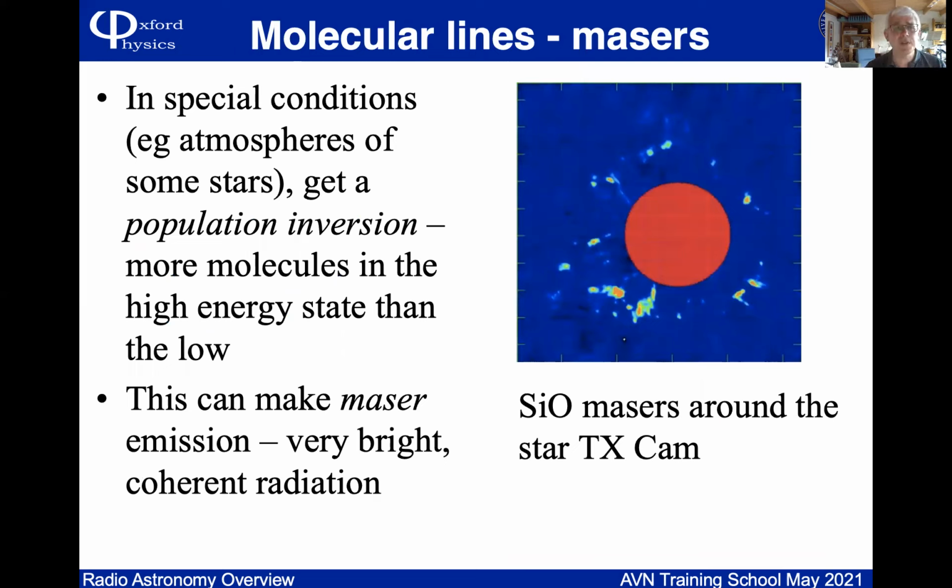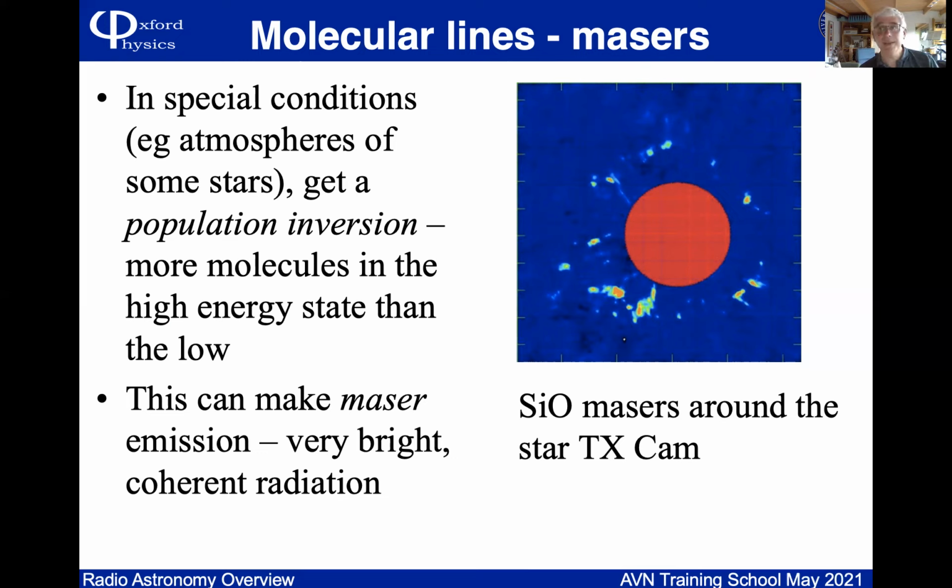Sometimes, in particular special conditions, particularly the atmospheres of some stars, you can get a state where you've got more molecules in a higher energy state than a lower energy state. It's called a population inversion, and that's what happens in a laser. The radiation emitted by one molecule triggers another molecule in an excited state to drop to the lower state.